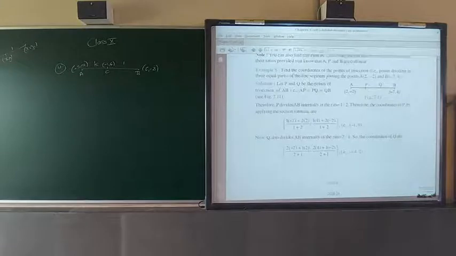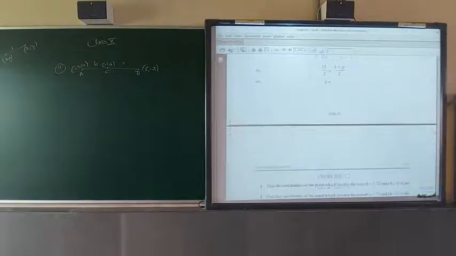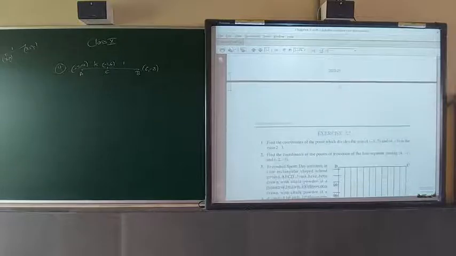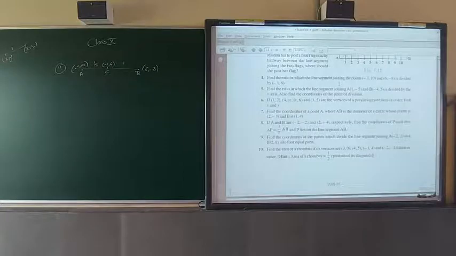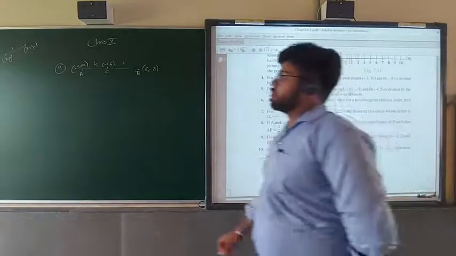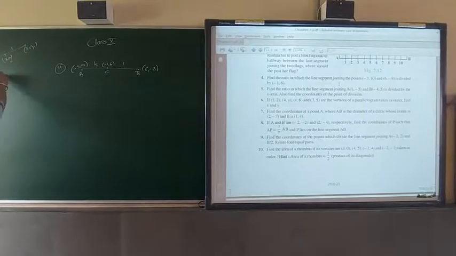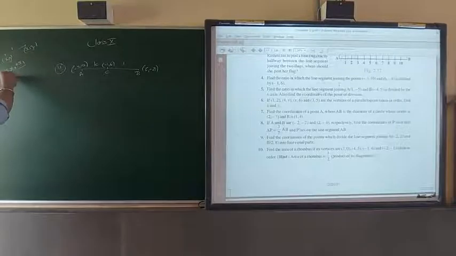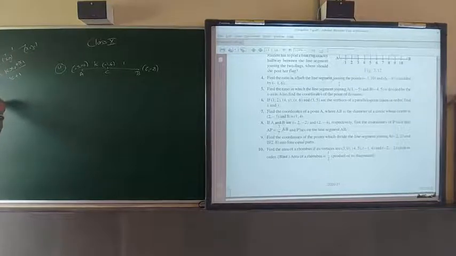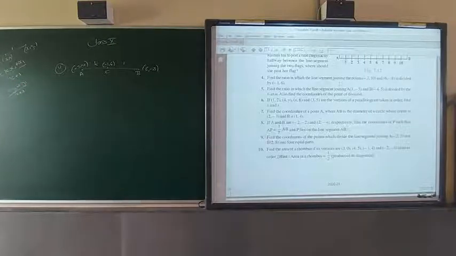Okay, so I come back to the question. What is the coordinate of x here? x will be equal to (kx2 + x1) upon (k + 1), and the coordinate of y is (ky2 + y1) upon (k + 1).